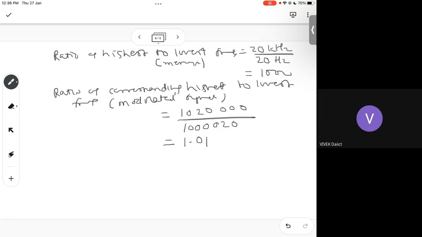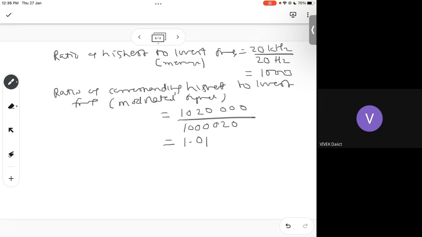So if I directly would have transmitted the message signal, the ratio from highest to lowest frequency was supposed to be 1000. But the moment I modulated it by passing it over a carrier of 1000 kilohertz, the modulated frequency ratio turns out to be 1.01.